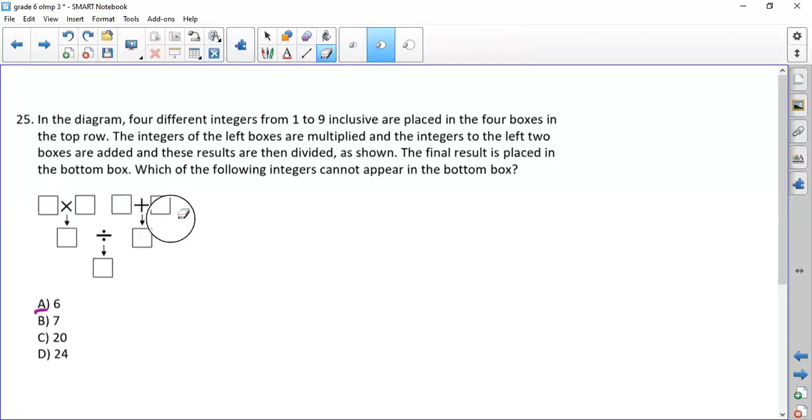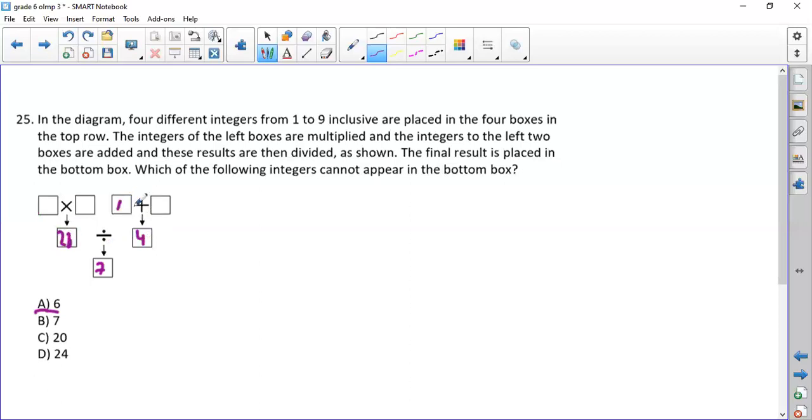Now let's check for 7. If we find one example for 7, that is okay. So let's check 7. I can write 7 as 28 divided by 4, or 14 divided by 2. But for 14 divided by 2, I have to put 1 plus 1, which is not possible. So let's take 28 divided by 4.